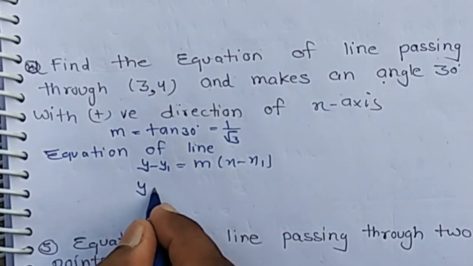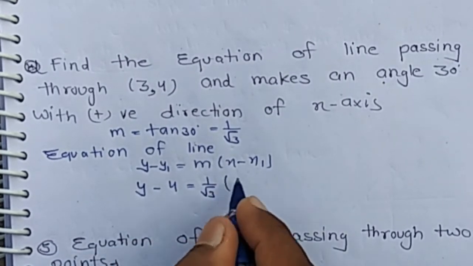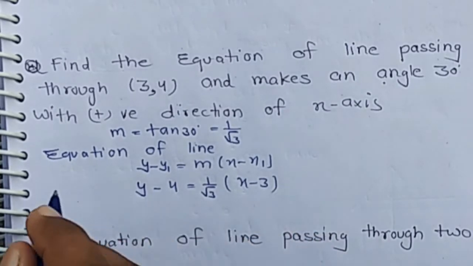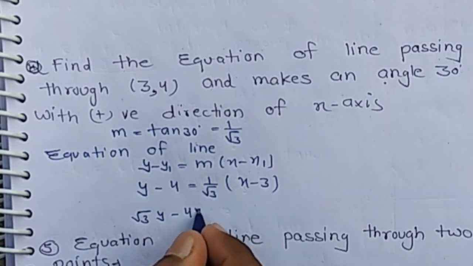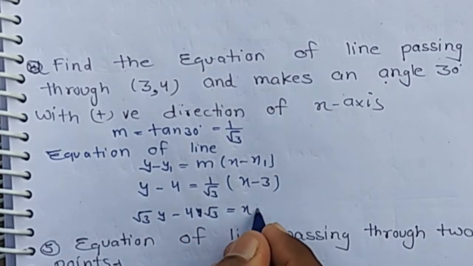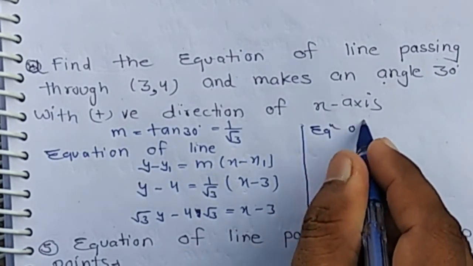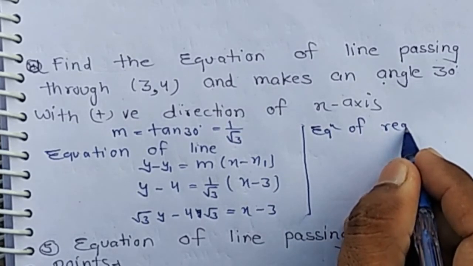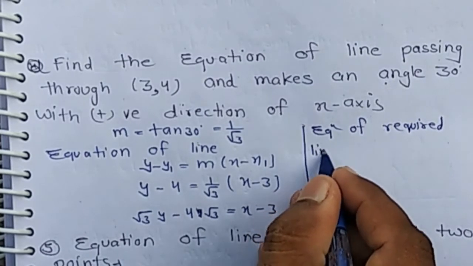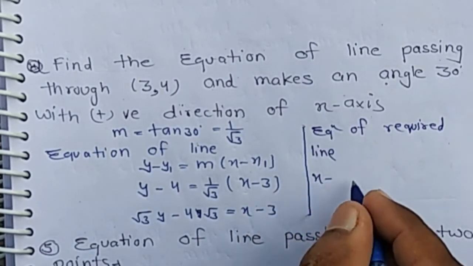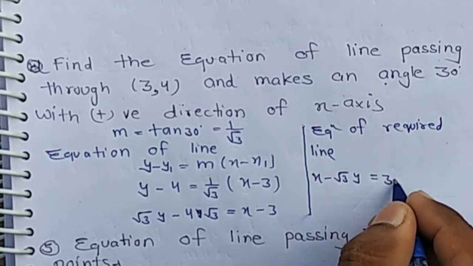Then y1 is 4, m is tan 30 which is 1 by root 3, x1 is 3. Then root 3y minus 4 root 3 equal x minus 3, and the equation of the required line is x minus root 3y equal 3 minus 4 root 3.